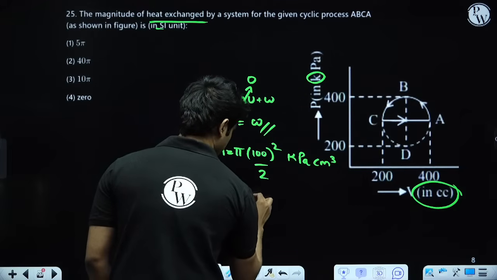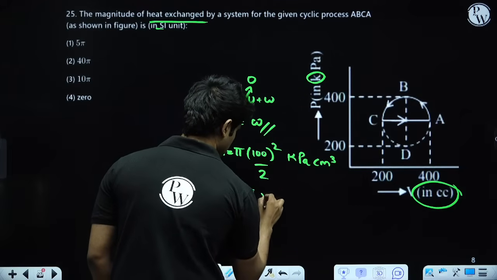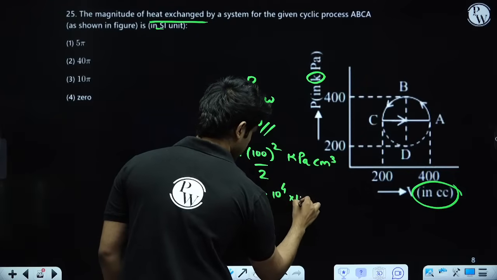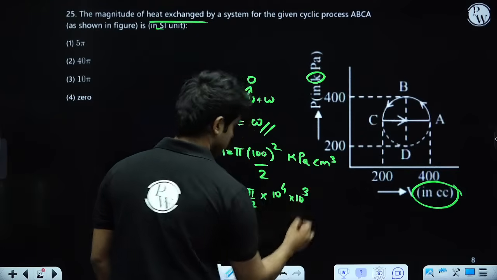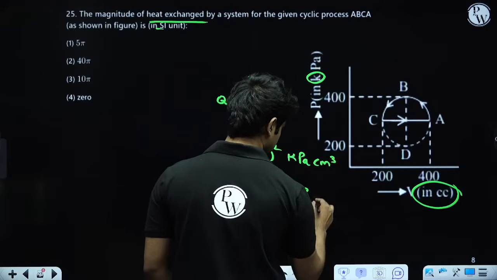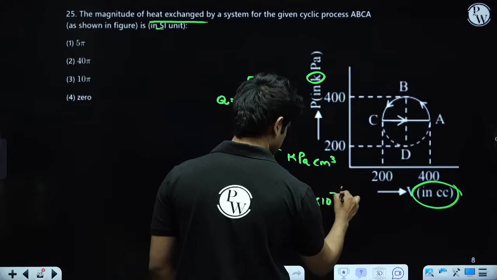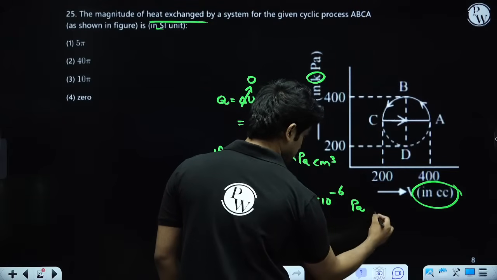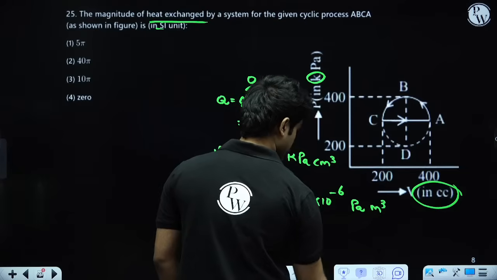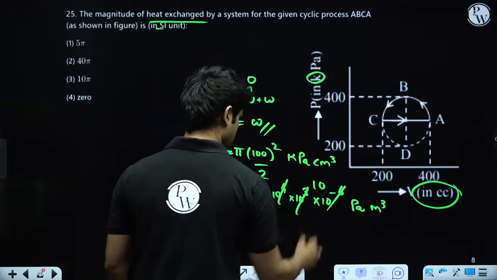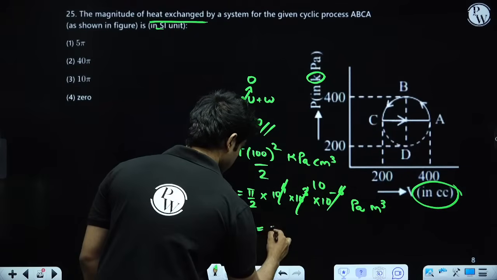So this will be pi by 2 times 10 to the power 4. Kilopascals would make it 10 cube, 10 cube pascals. Centimeter cube, if you convert it into meter cube, gives 10 to the power minus 6. And now it will be in SI units, pascal meter cube. So 7 minus 6 is 1. So the answer will be 5 pi.